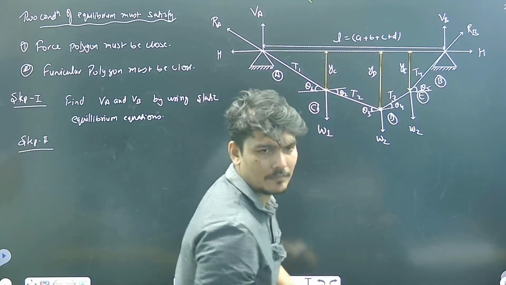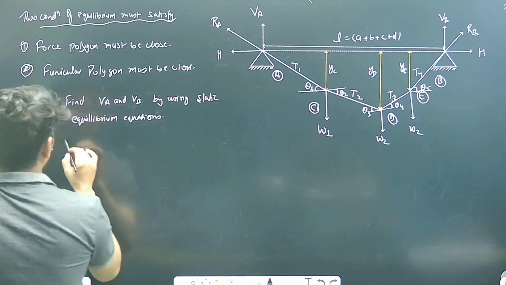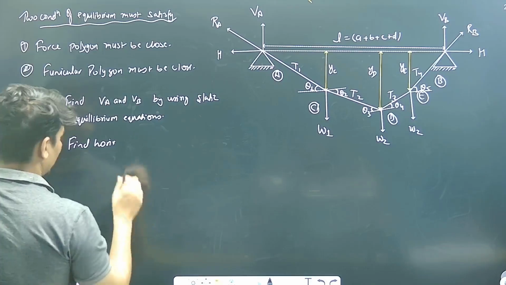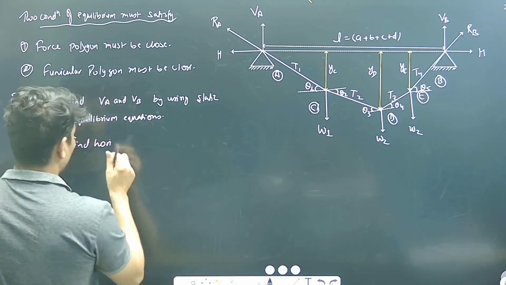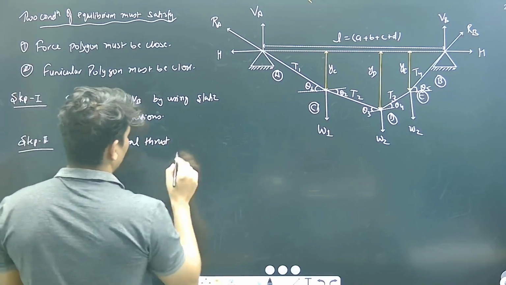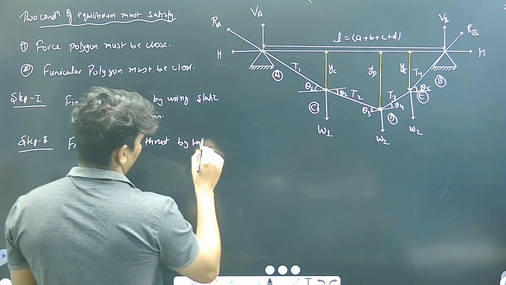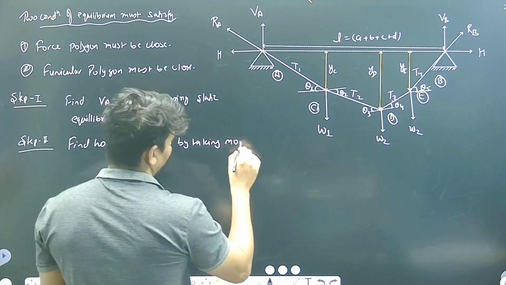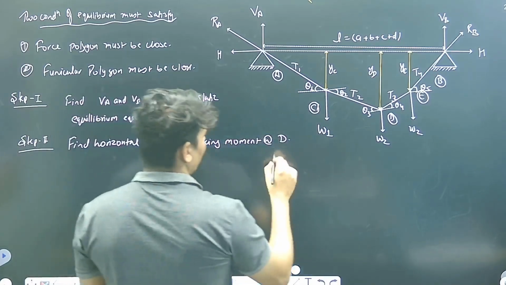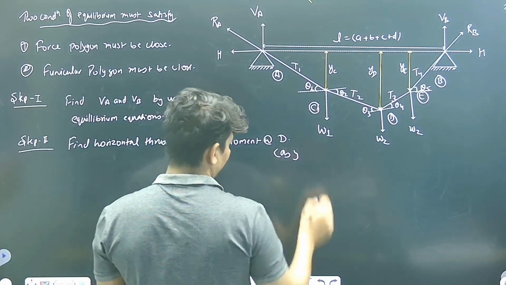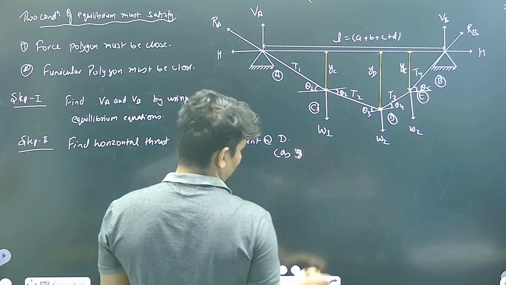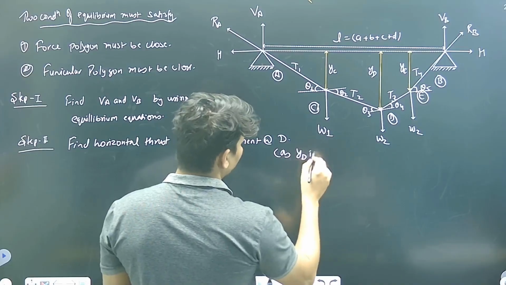Step 2: find the horizontal thrust by taking moment about D, because the dip at D, yd, is known to us.